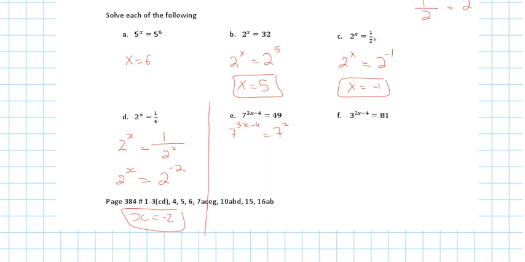Now that right away makes my exponents equal to each other, right? So now I can drop the base and make my exponents equal to each other. Now there's some more work involved here, okay? Because it's not only x, it's 3x minus 4. So there's going to be more work to do, yes?